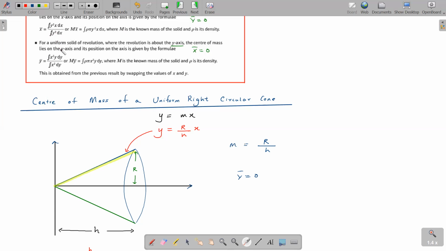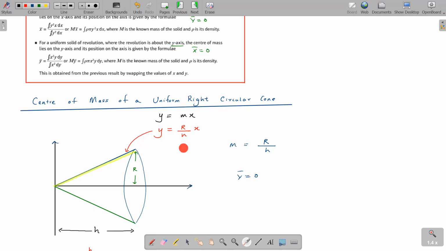You must find that. This original line is of the format y equals mx, and the gradient is the y difference over the x difference. The y difference is the R value here, and the x difference is this H. So the gradient equals R over H, and that's why I've got y equals R over H times x.